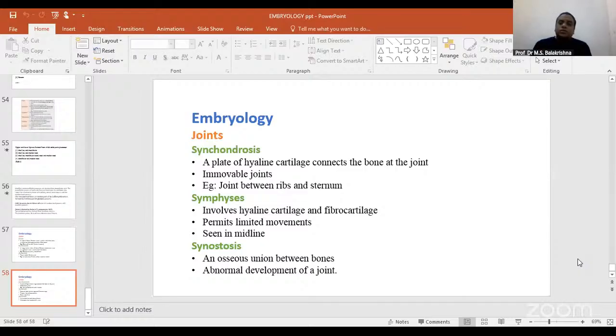So then coming to the development of the face, basic structures you should know. In the development of the face, you have the mandibular arch, the mandibular process and the maxillary process. The bilateral mandibular processes will go and meet each other. So it's a very simple thing. The mandible is derived from one single process, whereas the maxilla is derived from 4 processes.